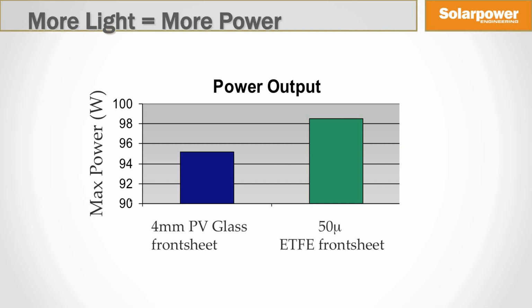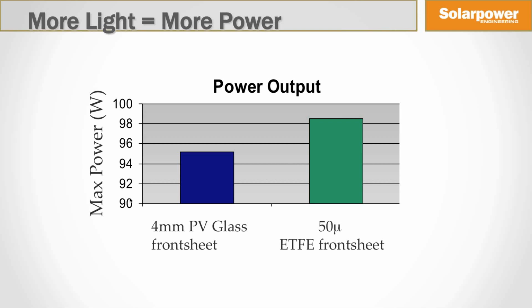And internally, we have done some extensive testing in order to check the viability of using these ETFE films in conventional modules. Combining the latest innovations in material science with manufacturing expertise, these fluoropolymer films definitely provide a viable alternative to conventional materials.